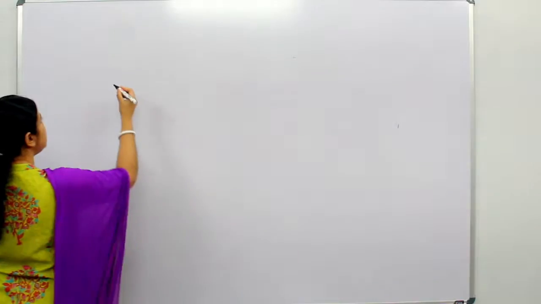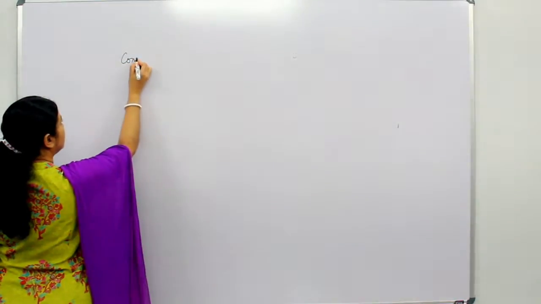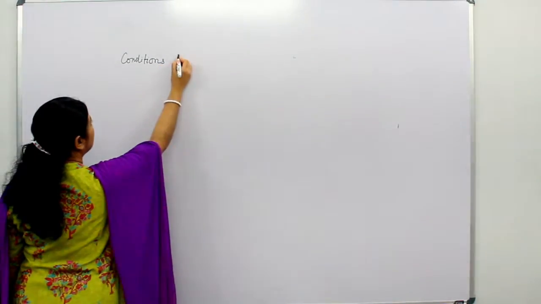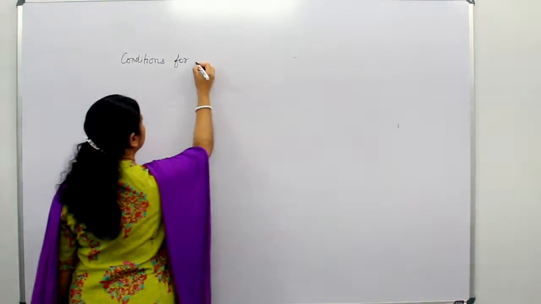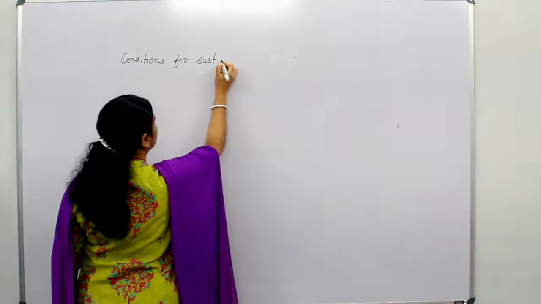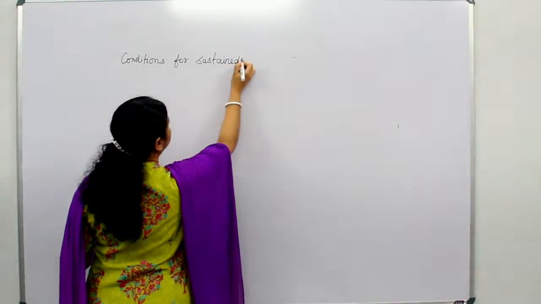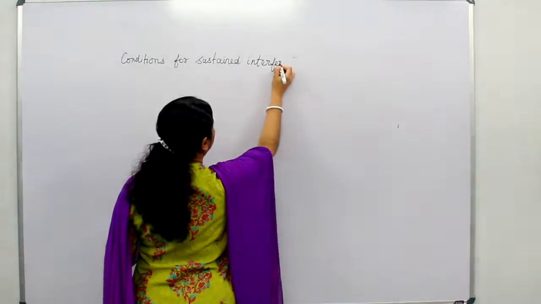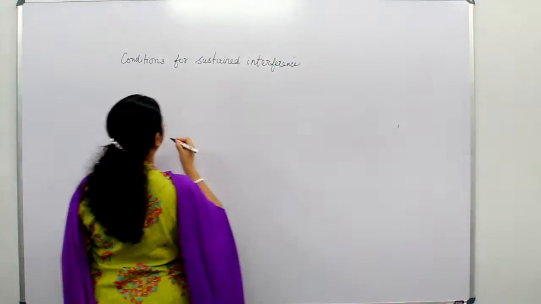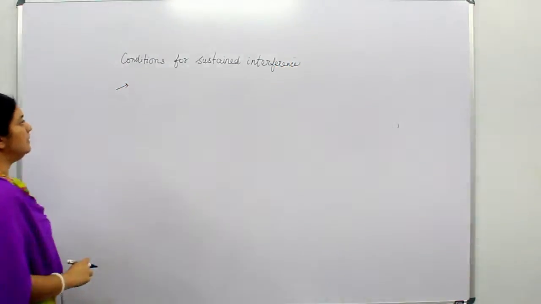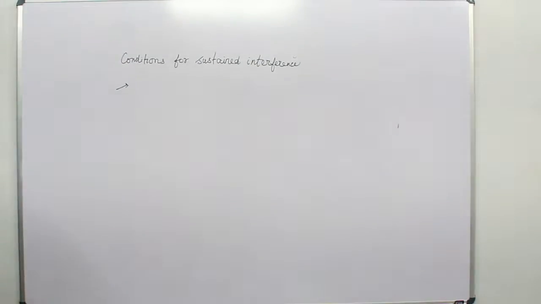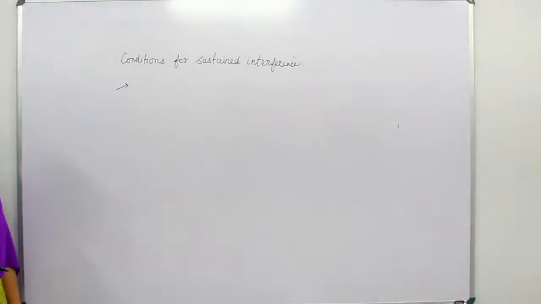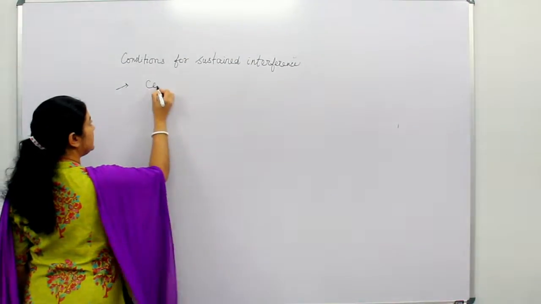Conditions for sustained interference. For sustained interference, the two sources must be coherent.